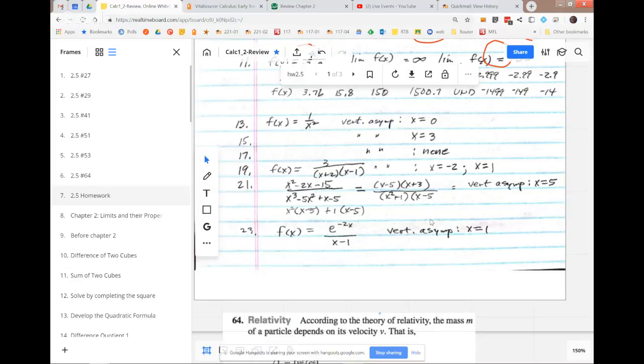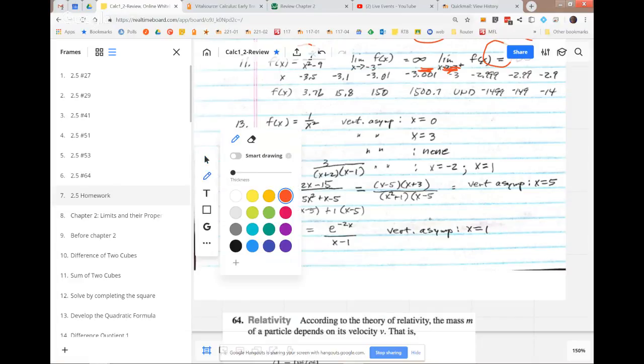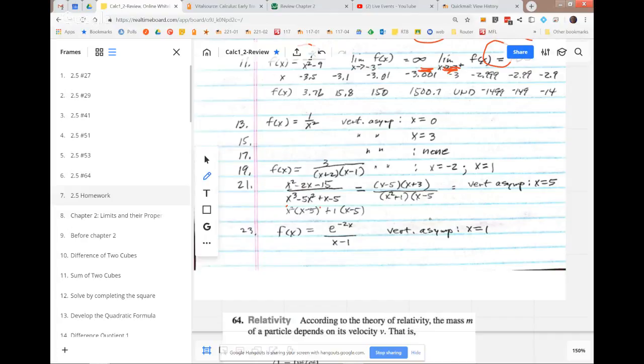So hopefully you can see that first you'd factor this first part by x squared times the quantity x minus 5. And the second part, well, you can't, so you can just take 1 out. So that brings you down to this factorization over here, x squared plus 1 times x minus 5. Okay?